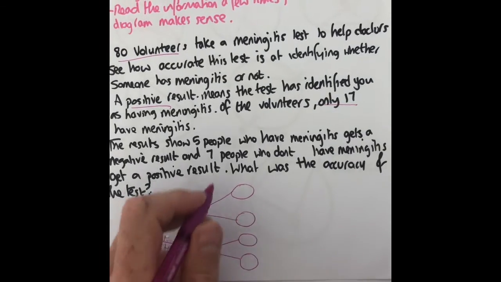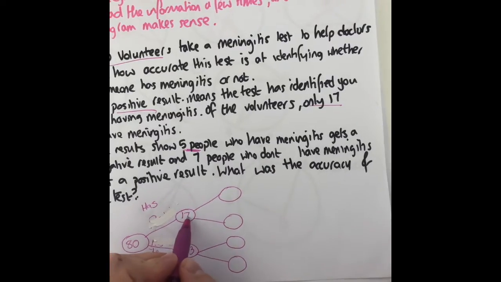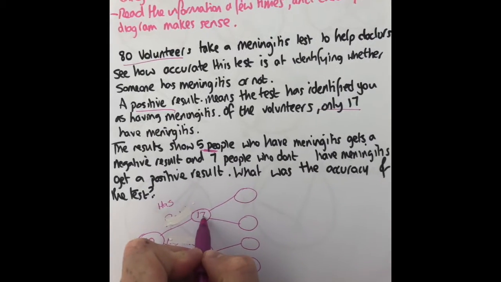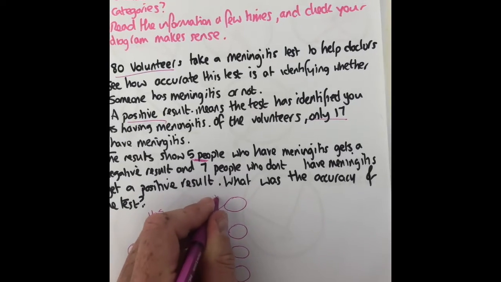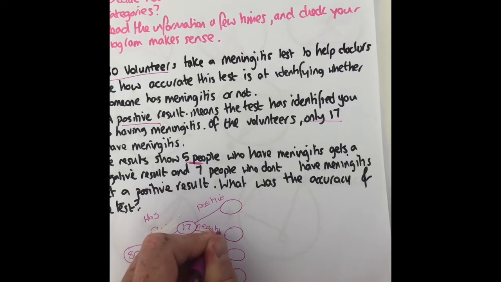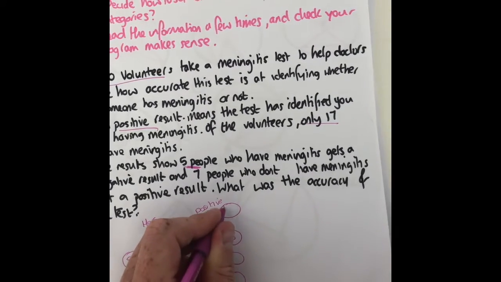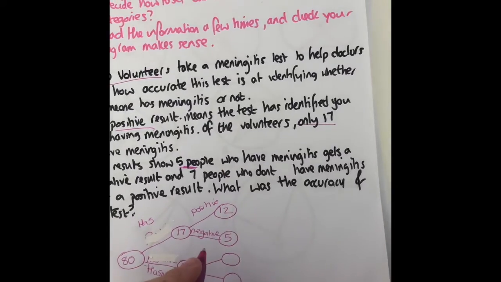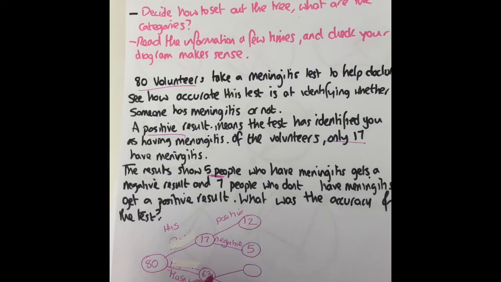The results show 5 people who have meningitis, so that's this one, get a negative result. So that means these two, that'll be positive and that'll be negative. So that'll be 5. So the 17 altogether, that means 12 did have a positive test and we knew had meningitis.